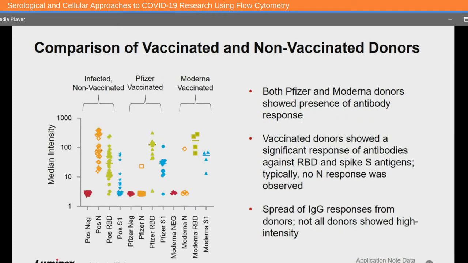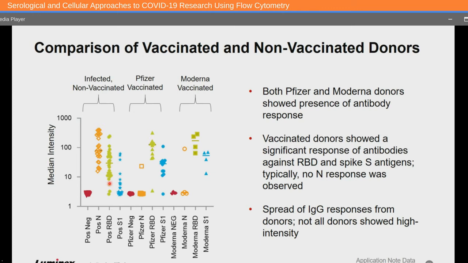The figure here shows the median fluorescence intensity response using the Guava SARS-CoV-2 multi-antigen antibody assay on non-vaccinated and vaccinated donors. The first set of plots here is from infected donors which are non-vaccinated. And what we notice here is that we see good response from the N bead, the RBD, and the S1 bead for most of these donors.